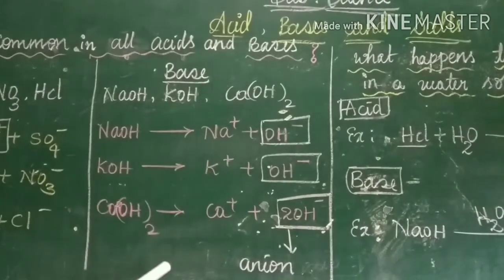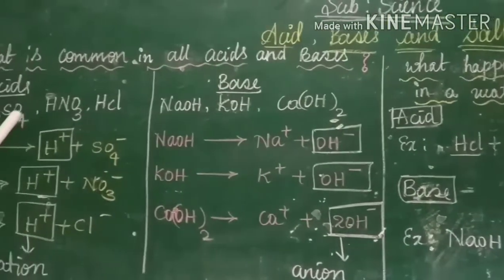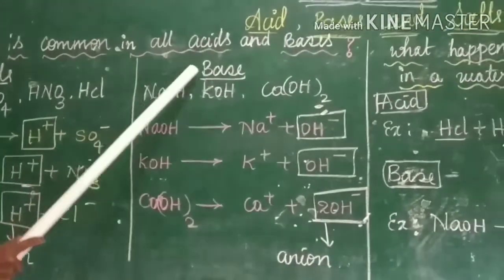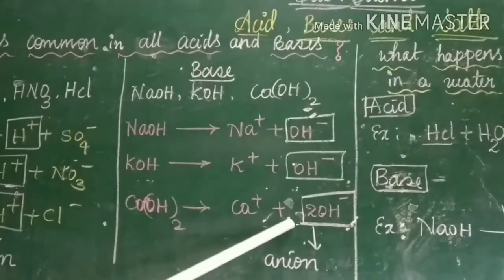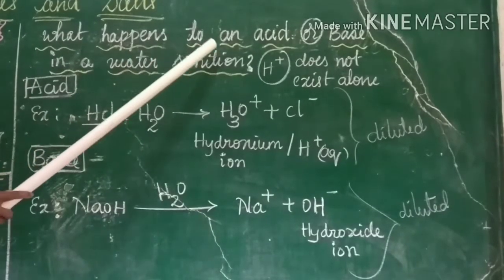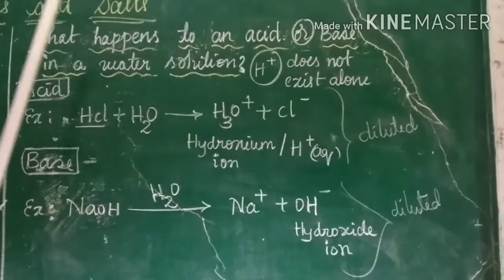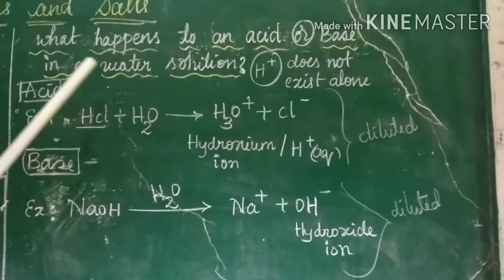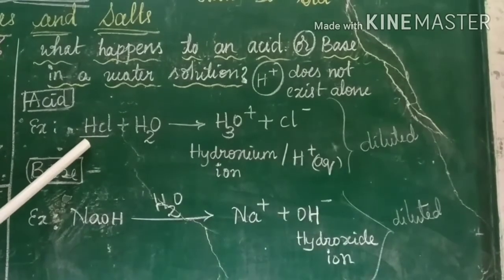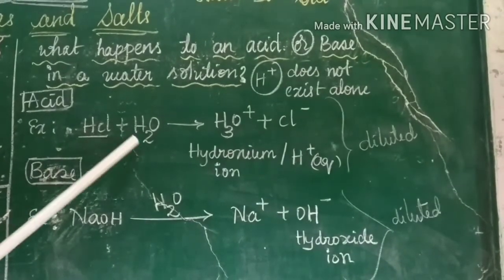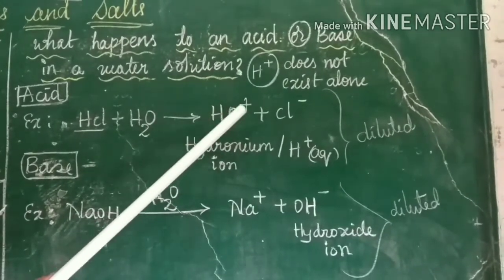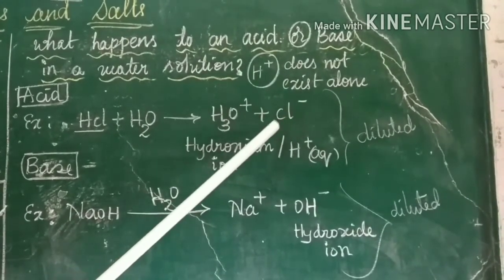Now come to the conclusion. In acids, H plus ions are common. In bases, OH minus ion is common. Now we come to what happens to an acid or base in a water solution. Take the example of an acid, HCl. When HCl, or hydrochloric acid, dissolves in water, it produces hydronium ion plus chloride ion.